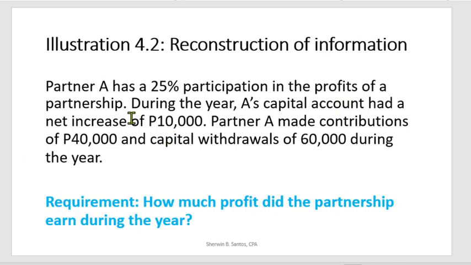The capital account had a net increase of, pag sinabi nating net increase of 10,000, ibig sabihin, yung ending balance niya ay 10,000. Because this is not net increase by, this is net increase of 10,000.